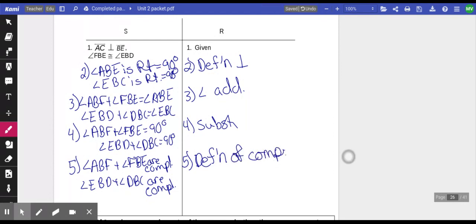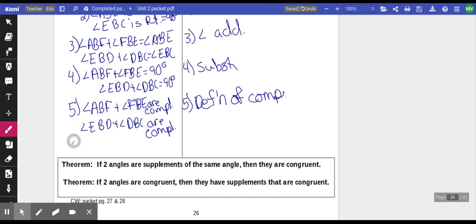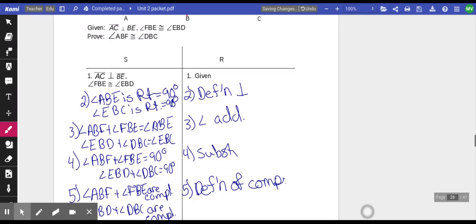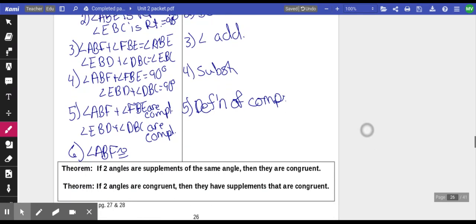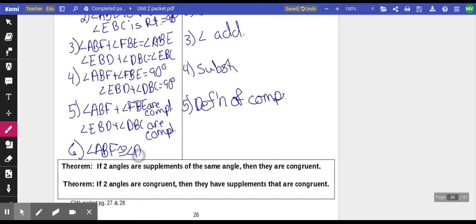And then I can use my second theorem up there, which is that angle ABF is congruent to angle DBC, because if two angles are congruent, their complements are congruent.